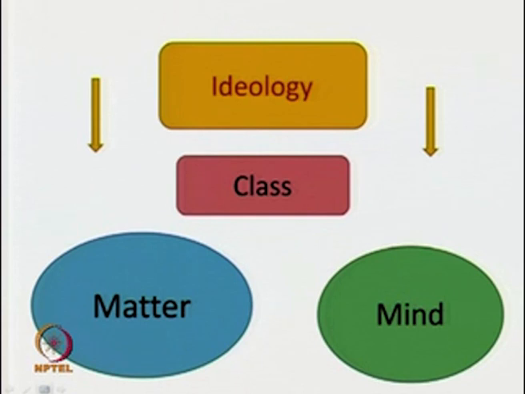To say that ideology affects both matter and mind, or to say it in another way, ideology is both material and mental, of matter and of mind, and that it comes to us through the filter of a class, which in a certain period of time is the dominant class.